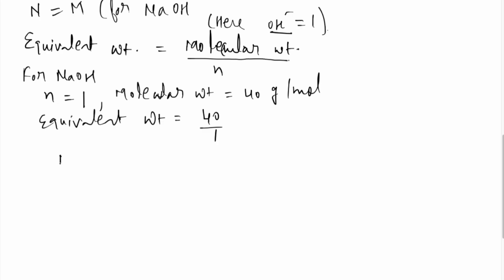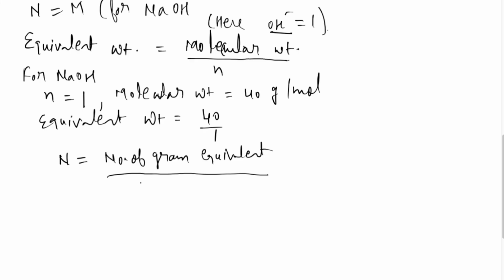Now, we can calculate the amount of NaOH that we require to prepare the N by 40 solution using the formula. So, we know that normality is equal to the number of gram equivalents divided by the volume of solution in liter, total volume.